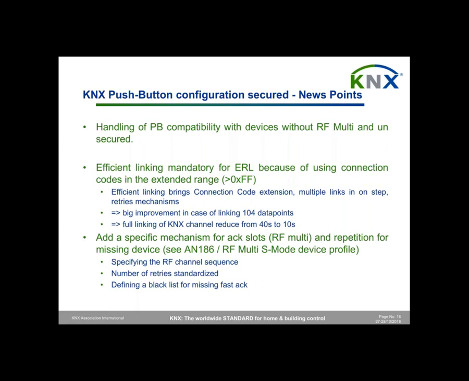Last but not least, in the KNX Push-Button stack for RF multi, we also introduce a specific mechanism for the handling of missing devices. This is the case when you have made some links between a sensor and an actuator, and the actuator is no longer available.